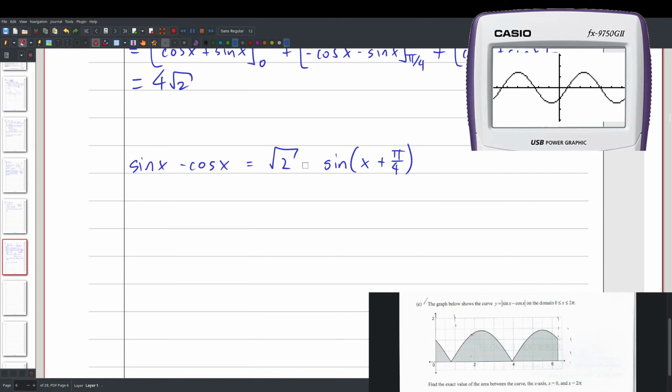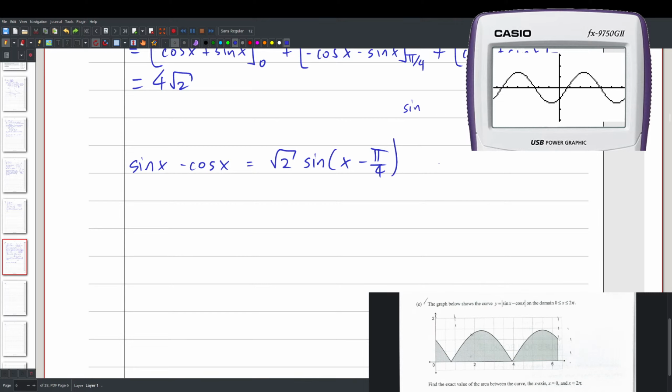Hang on. Alright. This is actually root 2 times sine of x minus pi on 4. If you don't believe me, you can use sine a plus b equals whatever to check.